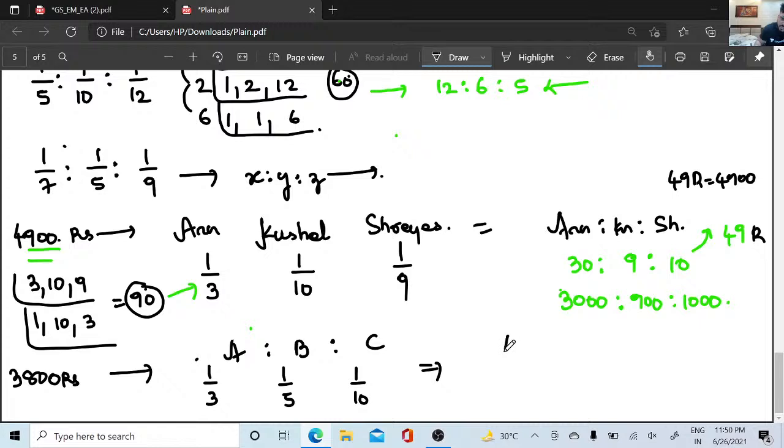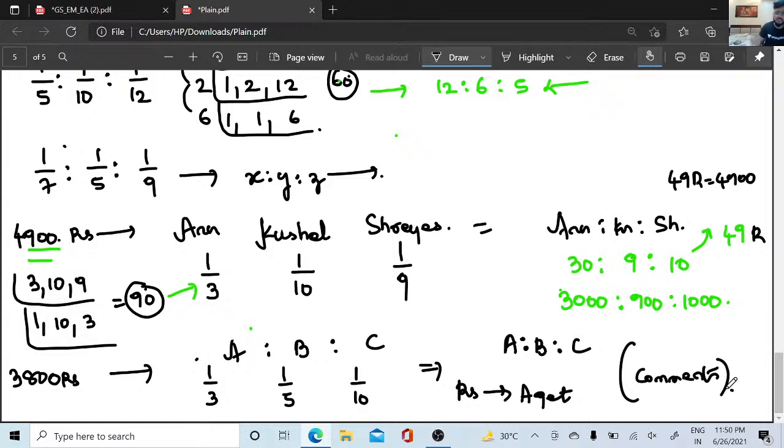You guys have to tell me the ratio of A is to B is to C and how much amount in rupees A gets. Please do write it in the comments, if you're seeing the recorded one also.